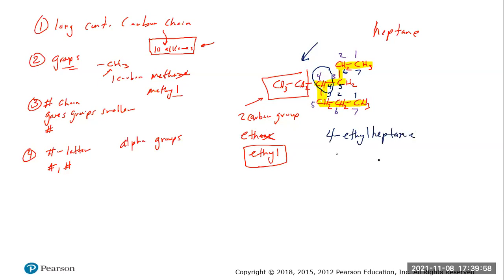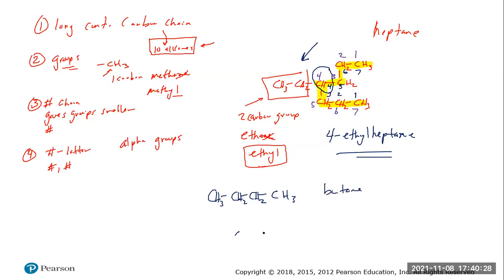Any questions on that? We also talked about isomers last time. Remember that isomers have the same formula, but different arrangements. So if you took just a 4-carbon compound and attached them straight across, that would be butane.